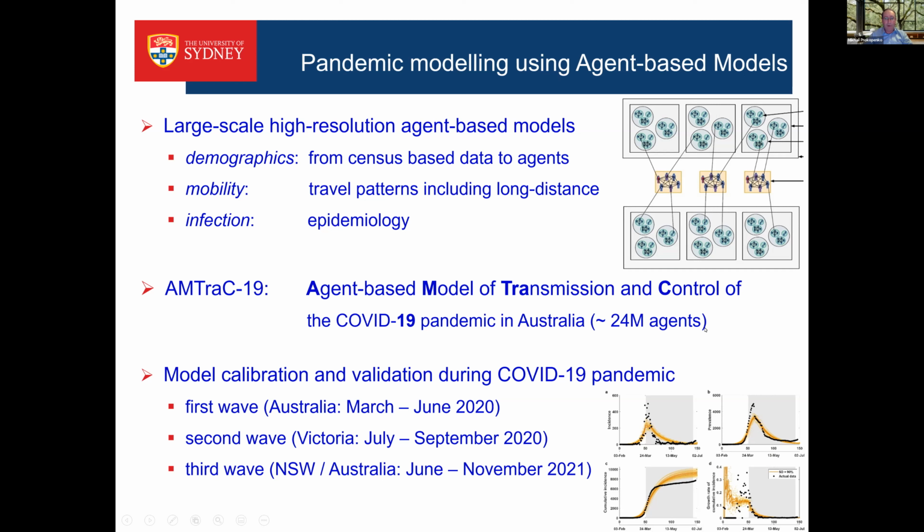It uses 24 million agents calibrated to census data, representing multiple contexts like households, household clusters, neighborhoods, communities, and working groups. And we did model at least the first three waves, and our modeling of the last wave, Omicron, is in progress.